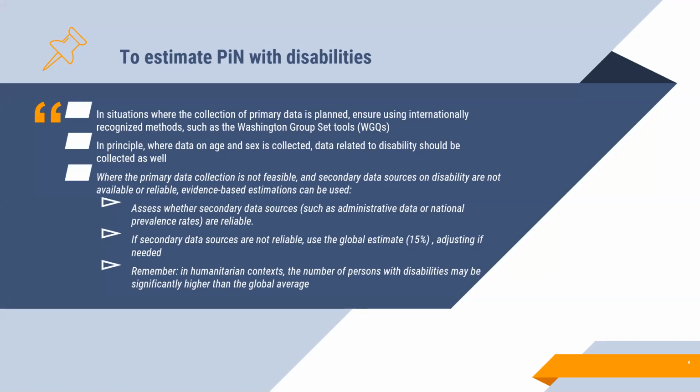Only if you don't have a secondary data source or these secondary data sources are not reliable, in this case, you should use the global estimation that has been set by WHO and World Bank, which is that 15% of the population is person with disability. However, it's very important to remember that in humanitarian context, the number of persons with disability is usually much higher than this global estimation. The global estimation is covering all the developed and humanitarian contexts. So you need to understand that in humanitarian context, sometimes the number of persons with disability is much higher.